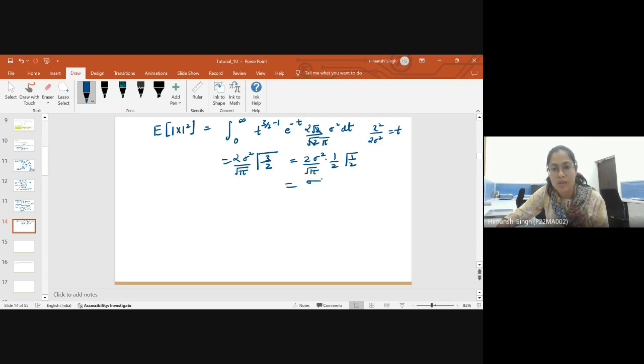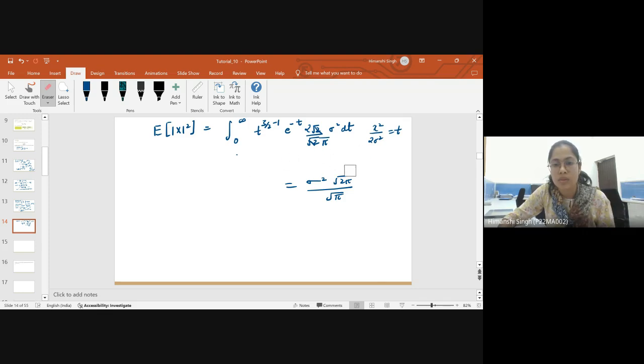So sigma square under root 2 pi, this 2 will get cancelled upon under root pi. Wait a minute, so let me write it again.